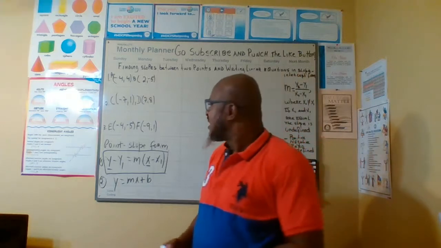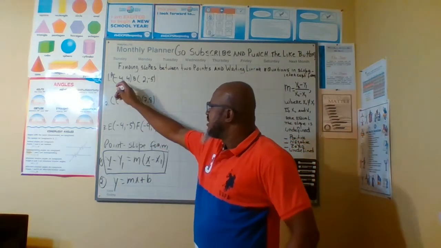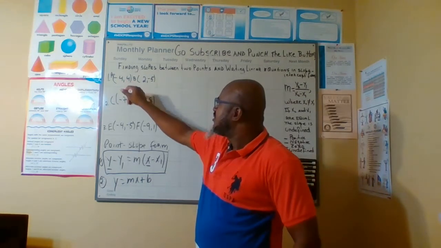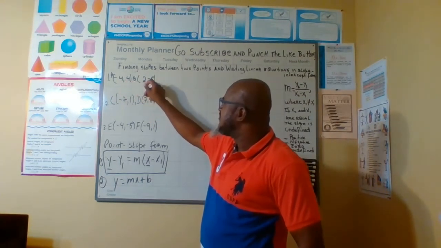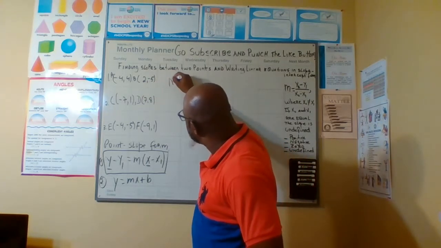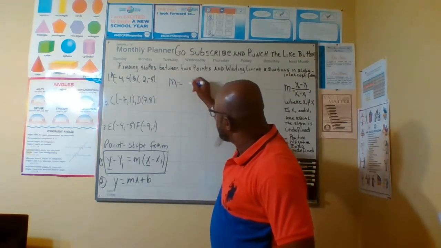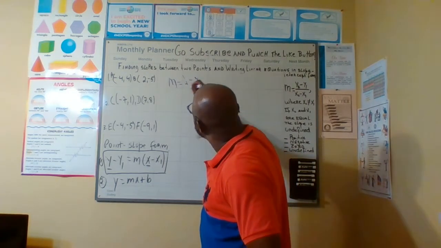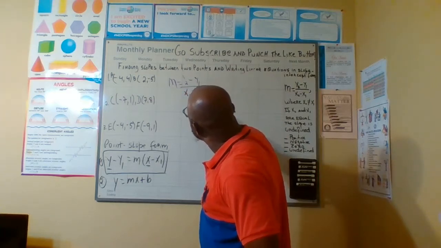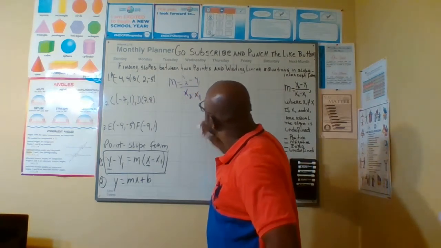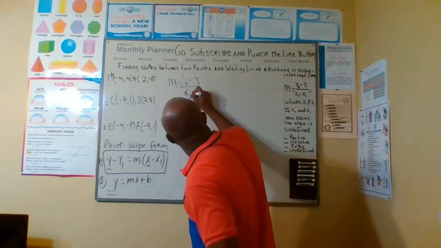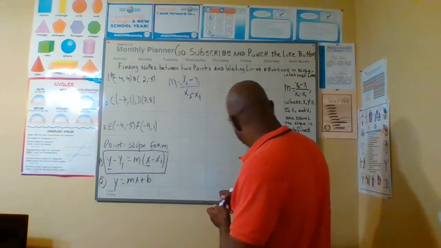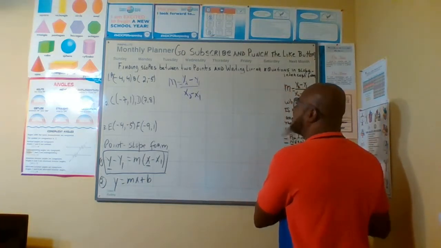All right, so I have a point here, point A, which is negative 4, 4, and point B, which is 2, negative 5. So I'm going to calculate my slope. m equals y sub 2 minus y sub 1 over x sub 2 minus x sub 1. This is my formula. Now I'm just going to replace the values in the formula and calculate the slope.